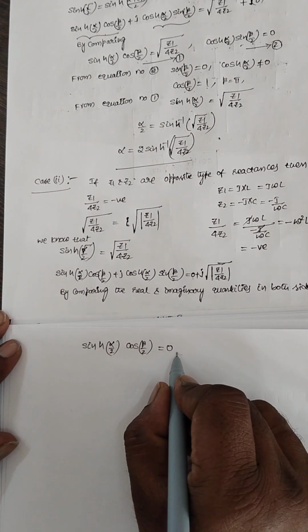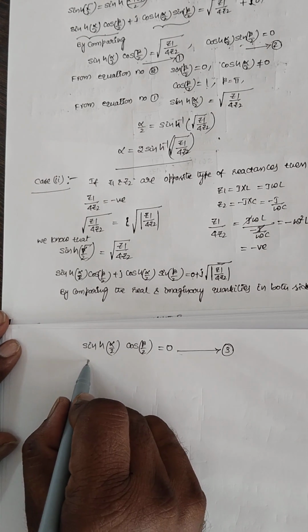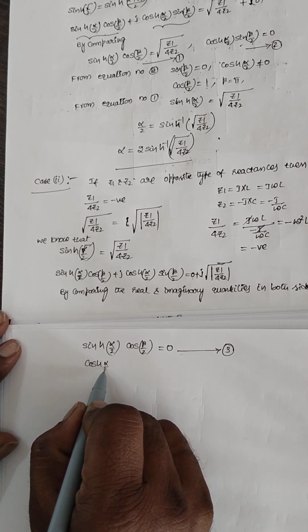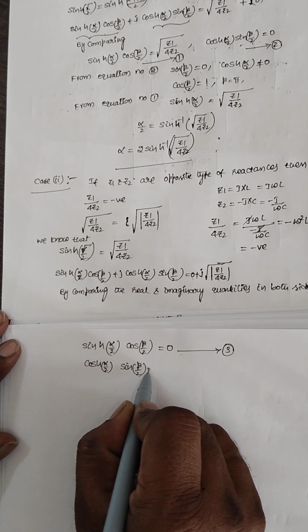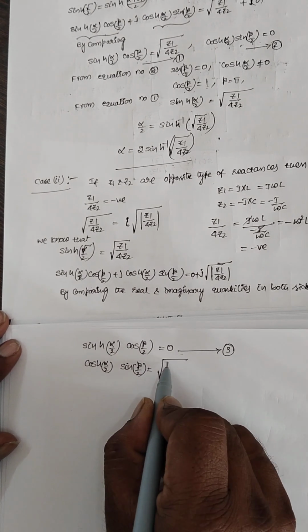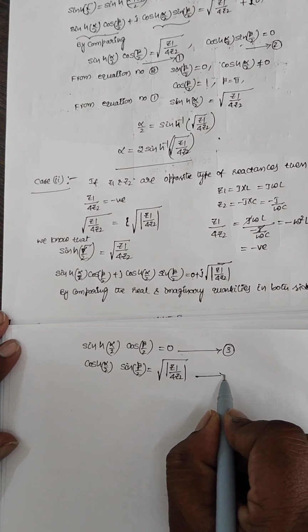Let us consider it expression number 3. Next, cos h alpha by 2 sin beta by 2 is equal to square root of modulus of z1 by 4z2. It is expression number 4.